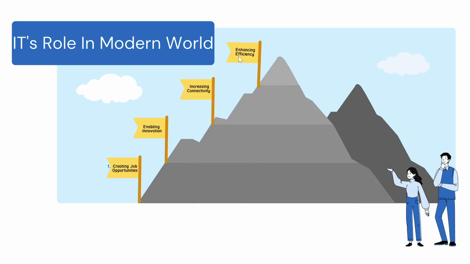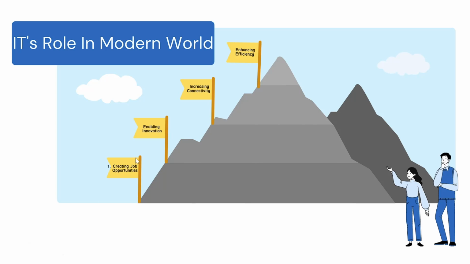Okay, let's understand it one by one. First one, creating job opportunities. IT has created many job opportunities across a wide range of industries in software development, cybersecurity, data analysis, digital marketing, web development, etc. These are a few examples of many job opportunities created by IT.